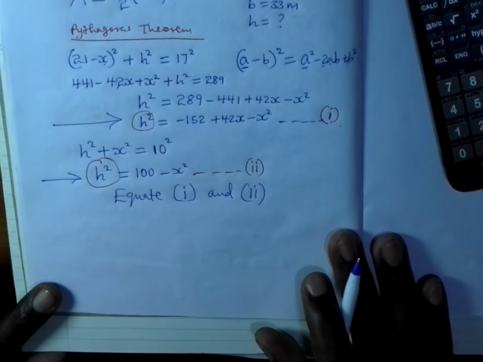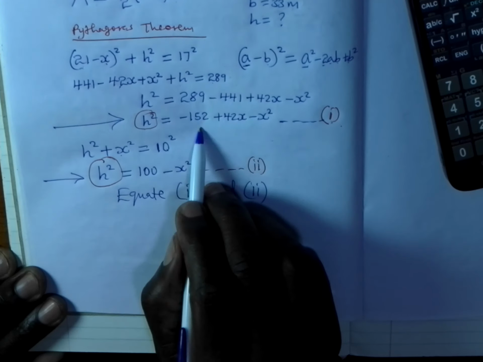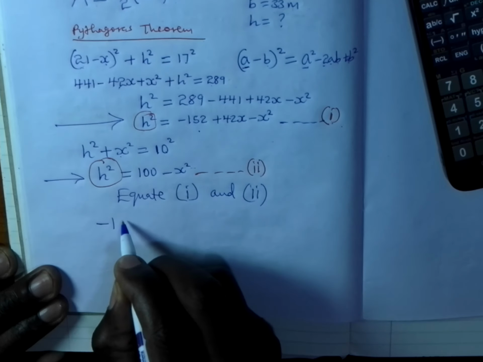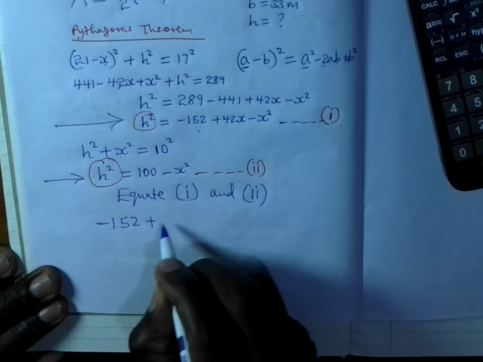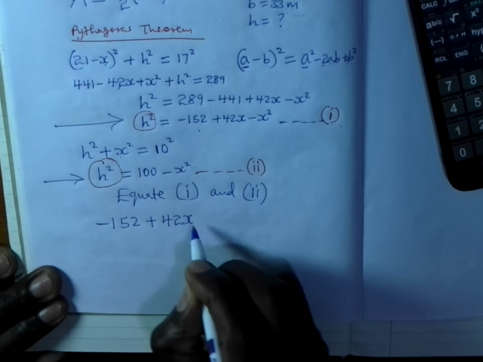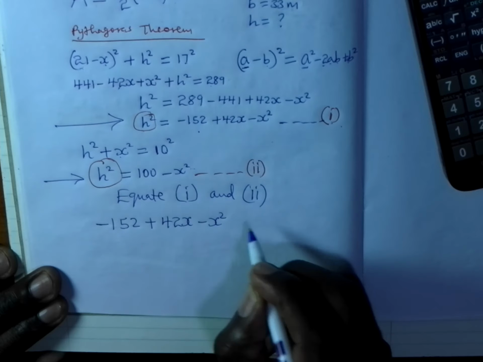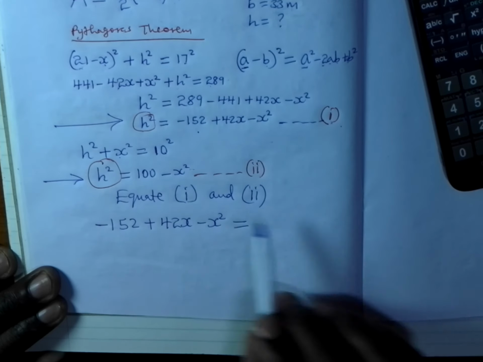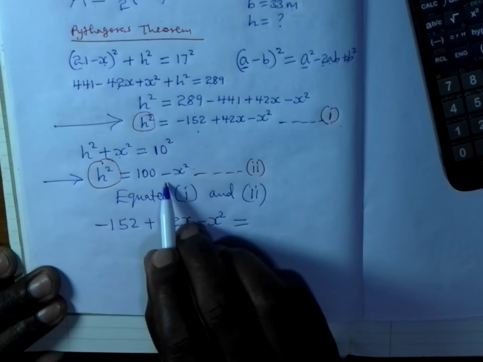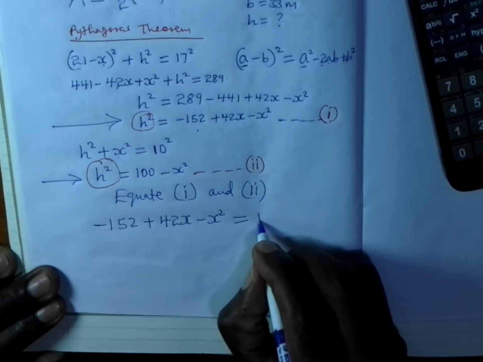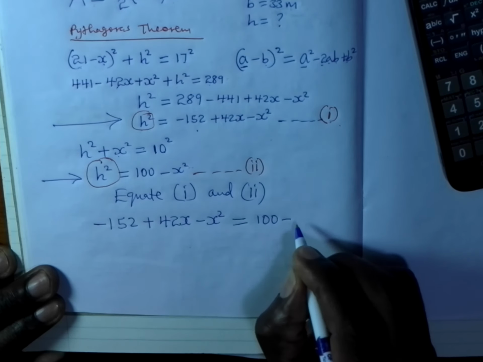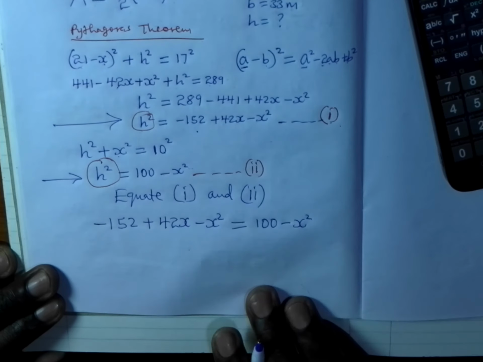If we equate the two equations, we have minus 152 plus 42x minus x squared is equal to 100 minus x squared.